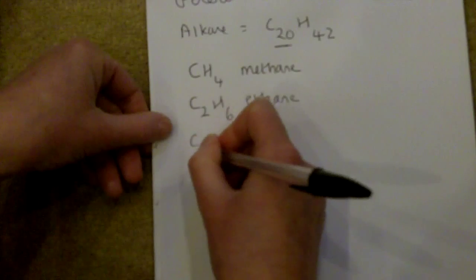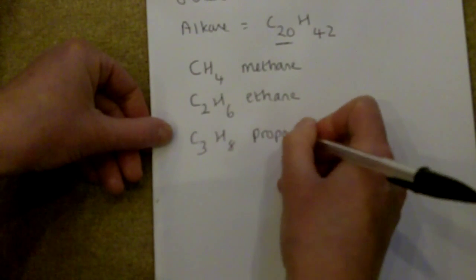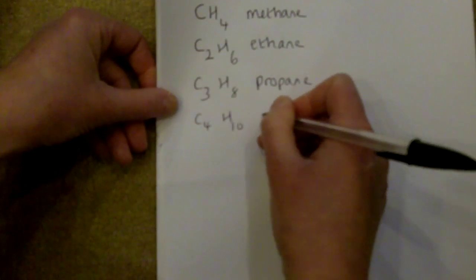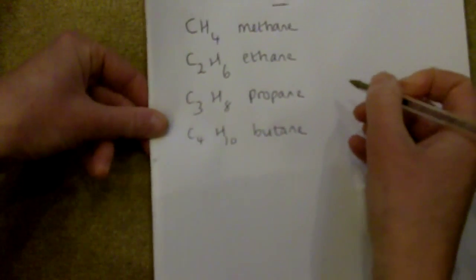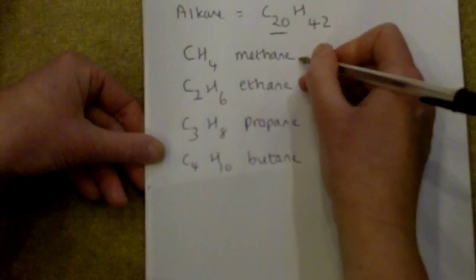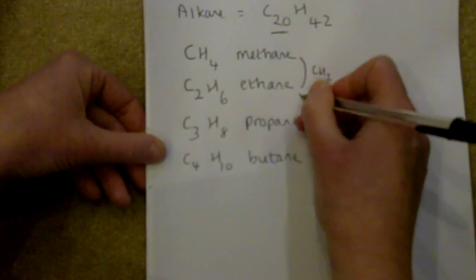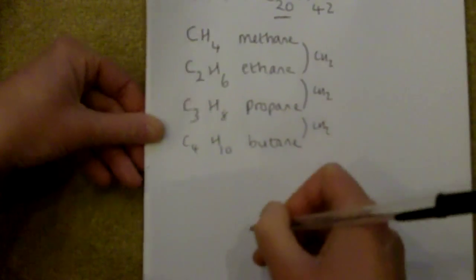Then the next one, C3H8, is called propane. And then the next one, C4H10, is called butane. Now can you see what is happening each time here? Each one is increasing by CH2, a CH2 increase each time as we're building up.